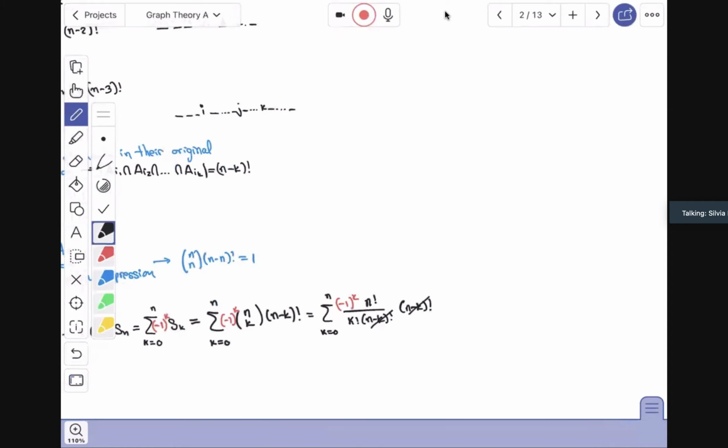The n factorial doesn't use the dummy variable for the sum, so I can take it out. It doesn't use k. So n factorial goes out of the sum, and now we only have negative 1 to the k over k factorial, which is what we wanted.